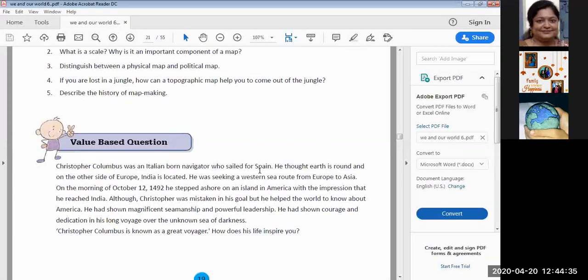This man gave the idea to all the people in the world that you can take a round of the earth. Correct? He was Italian born, but he started his voyage from Spain. He thought the earth is round.